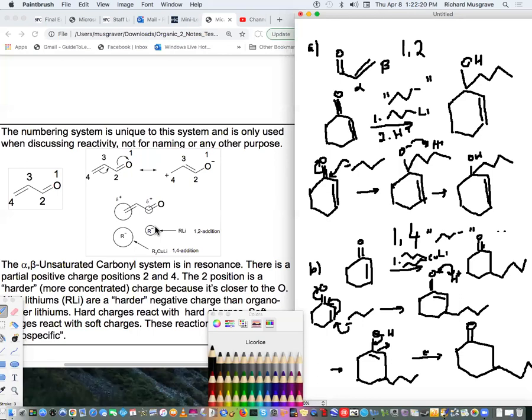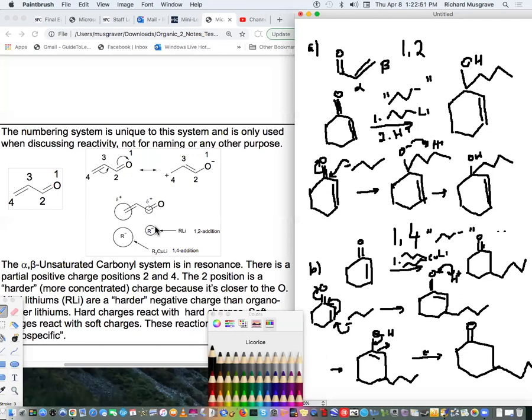So the notion here has to do with hard and soft charges. The more concentrated charge I'm calling hard, and the more dilute charge I'm calling soft. Hard charges tend to react together and soft charges tend to react together. There's a much more complicated explanation than what I just gave you.